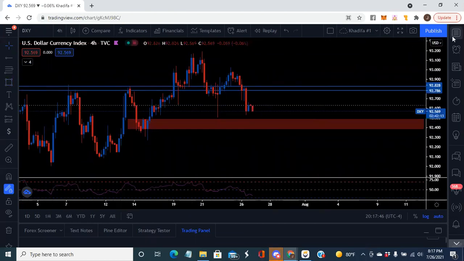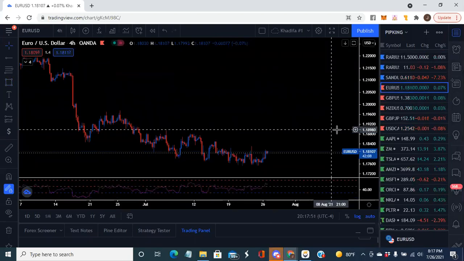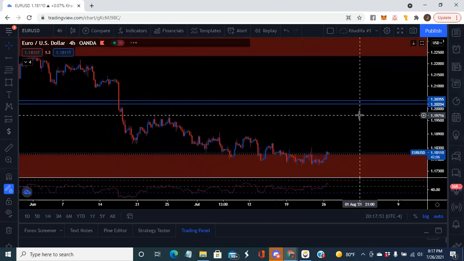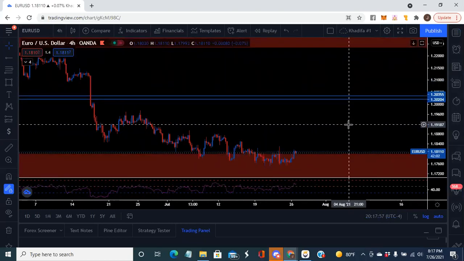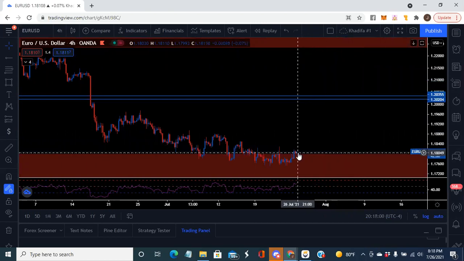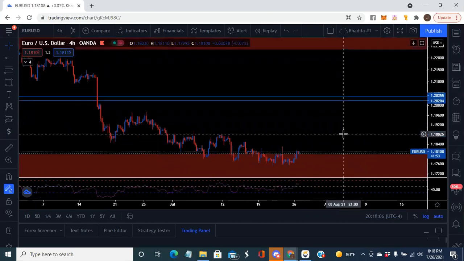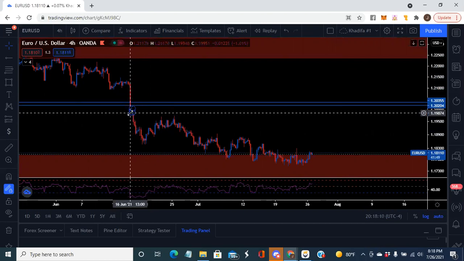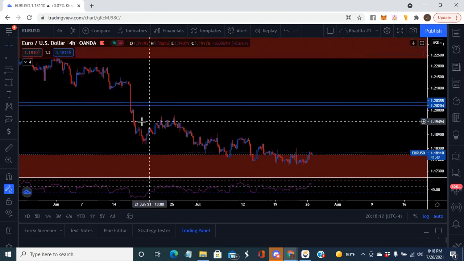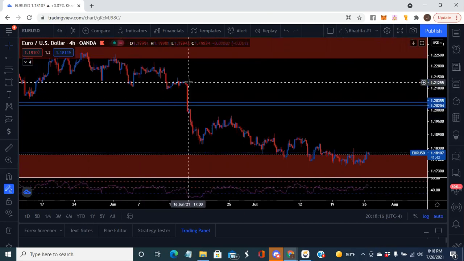So with that being said, we know our currency pairs move in the opposite direction of the dollar. Looking at Euro USD, if the dollar keeps pushing to the downside, we can expect Euro USD to keep pushing to the upside. I would love to see this imbalance here get filled in, this imbalance here, and potentially this imbalance here.